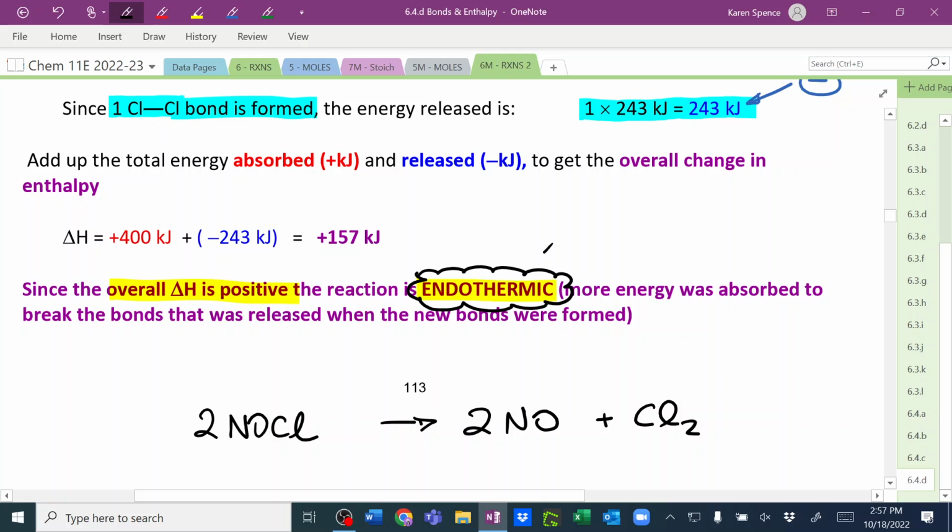In an endothermic reaction, the energy enters. Yes, it goes in the reactants. So over here is where we will put our heat term, and that will be 157 kilojoules.